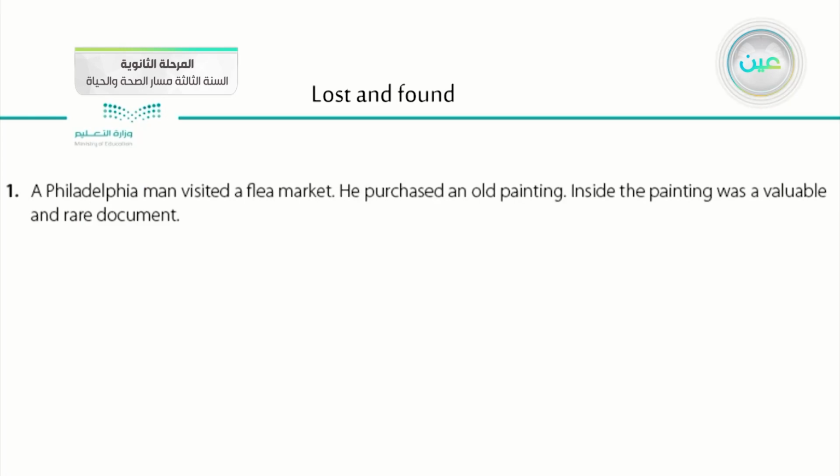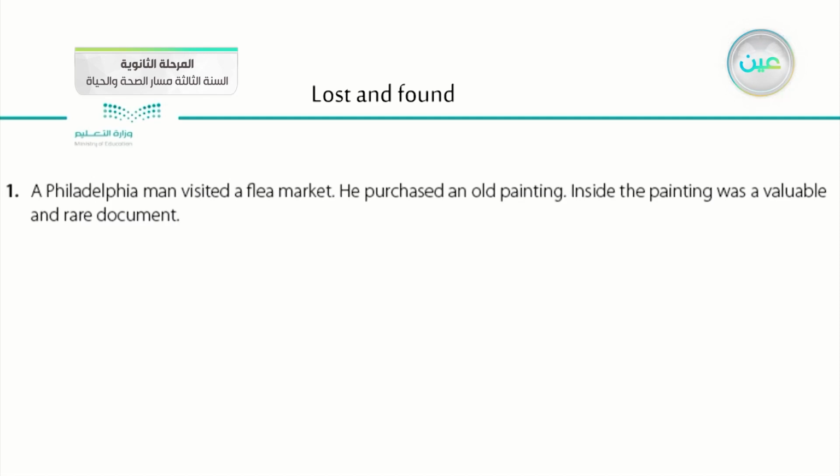Now we are going to use the if clause to link all the parts of these sentences together and also to think hypothetically about this situation, like it didn't happen in the past. So a Philadelphia man visited the flea market.